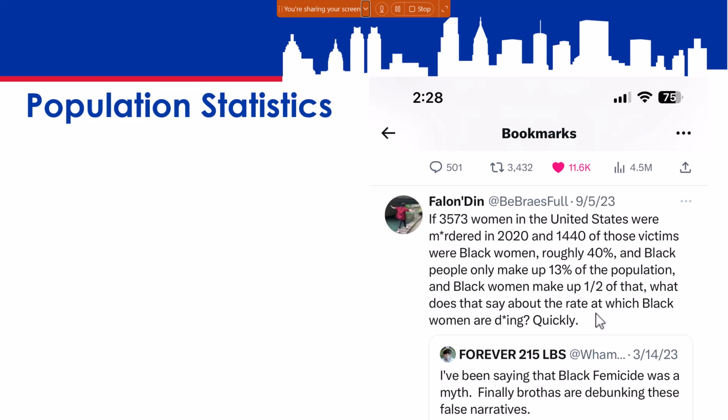So what do you think's going on here? What are they trying to say? Well, what I got from it is that because there are more black women, it just shows that they're being murdered at a higher rate. A majority of black women are likely to be murdered, and we don't make up more than the percent that they're being murdered at.